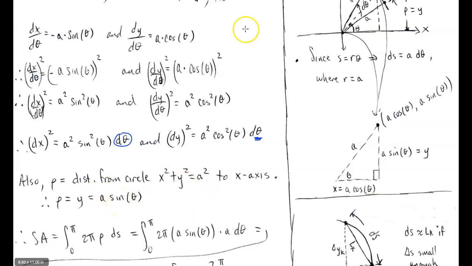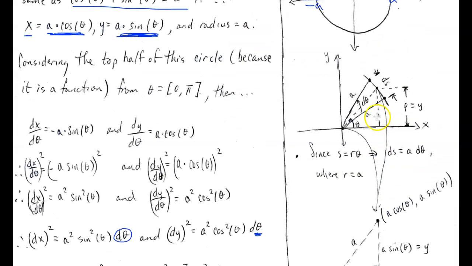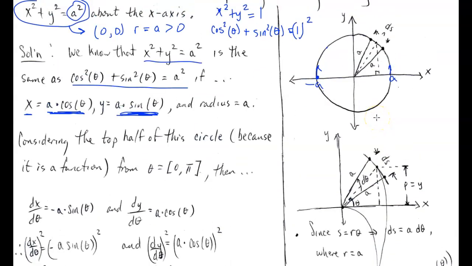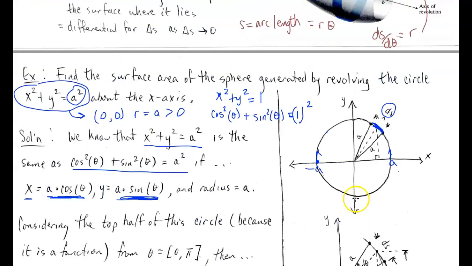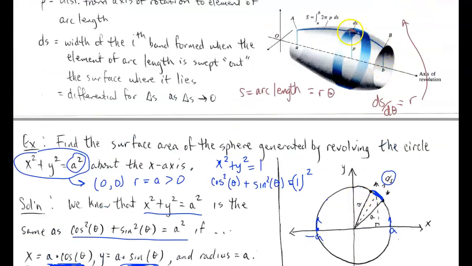And so I'll go back to the circle that we have here to explain that. So here, remember that this ds is going to be some small piece of the total circle here, just like when we looked earlier, this ds that was right here was a small piece of the entire function that we had going from x equals a to x equals b, okay?